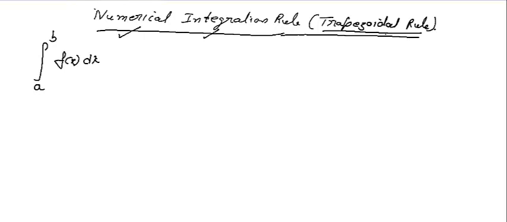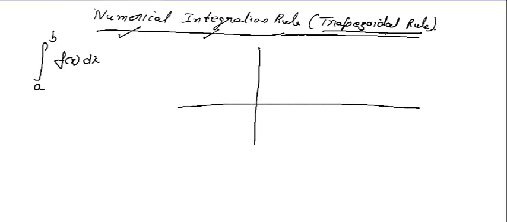Which curve? Let us suppose you have a y-axis, this is the x-axis, and this is the value x equals a and the value x equals b, correct? Let us suppose you have a curve, a function like y equals f(x). When you draw the curve, let us suppose you have this curve.